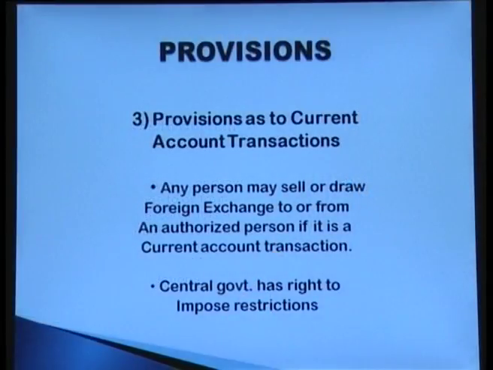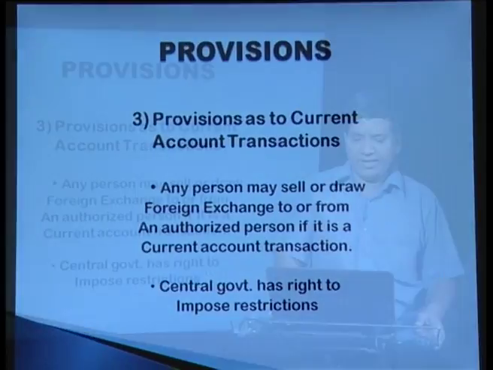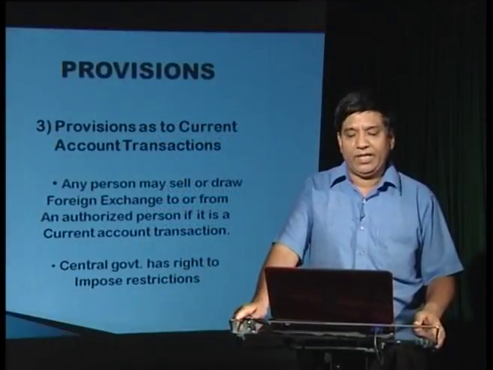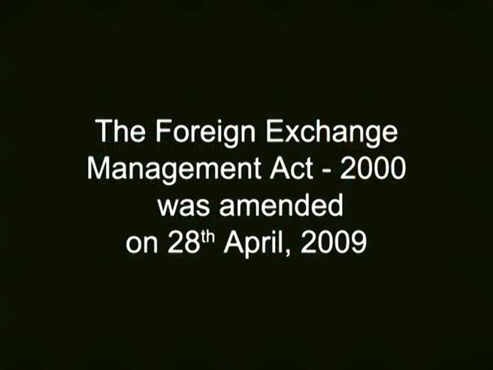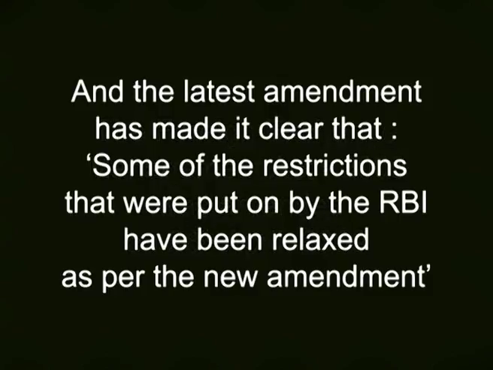This is one of the restrictions imposed by the central government. Regarding the provisions as to current account transactions, this FEMA Act 2000 was amended on 20th April 2009, and the latest amendment has made it clear that some of the restrictions that were put on by the RBI have been relaxed as per the new amendment.